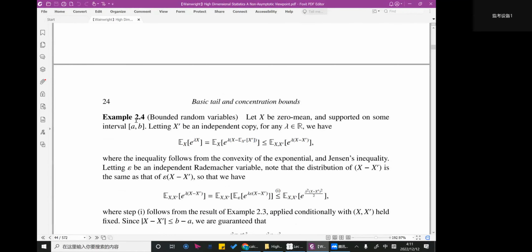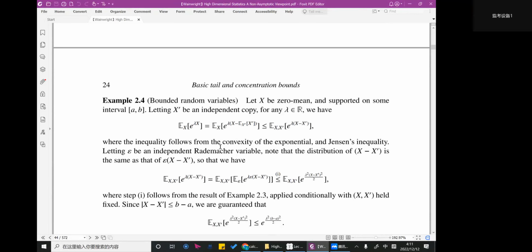Example 2.4 is important because it tells you that any bounded random variables are sub-Gaussian. This proof is interesting because it makes an independent copy of a variable. This is very important because later many useful proofs will use this technique, like getting an independent copy of the original random variable, and by some manipulation, we can get the final results.